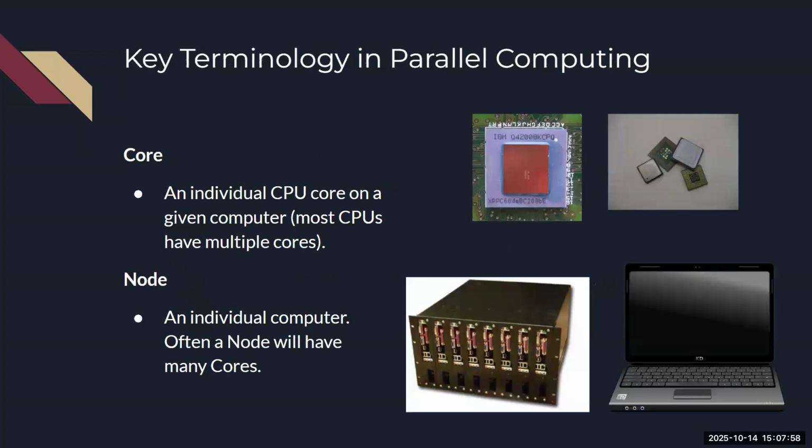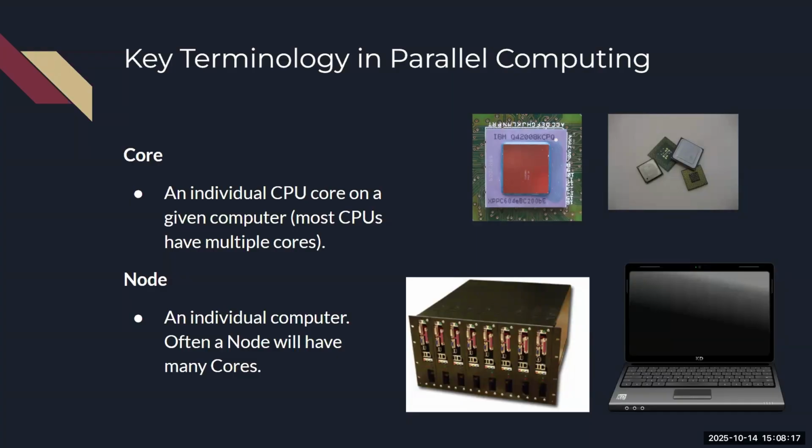Right? And that's when we get into some nomenclature that's important. So when we say cores, we mean the individual CPU core. So you can think of your laptop. Your laptop has multiple cores in it, right? That's why it can do multiple things at once, right? Have this open, that program running, right? It has multiple cores on there.